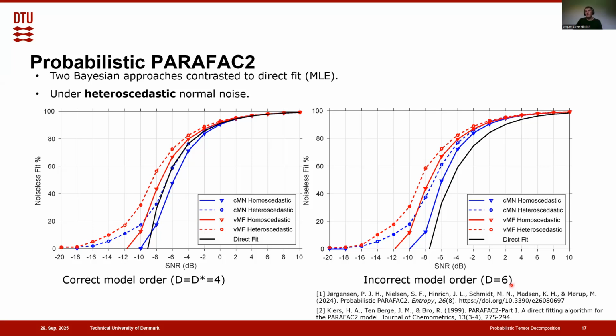And if you have both the wrong noise model and the wrong component order, then you see a big difference. I don't know if we're always in the case of heteroscedastic noise, but we're definitely always in the case, for what I'm working with, that we don't know the model order in advance. So this is super nice.